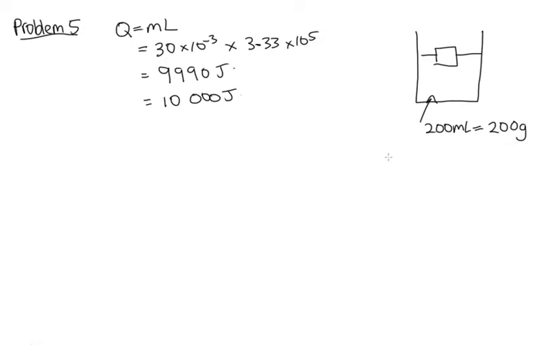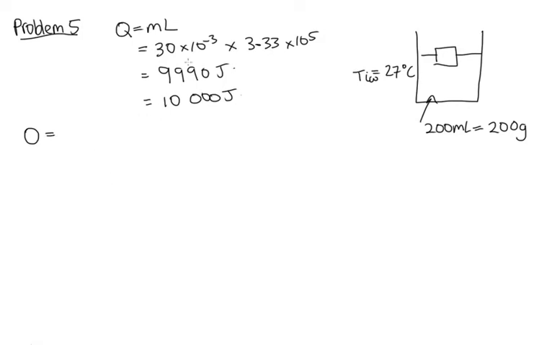And we're told that the initial temperature of the water is 27 degrees C, and after the ice is melted, what is the temperature of the water? We can assume that there's no energy exchange with the surroundings. So that tells us that the total energy change is equal to 0.